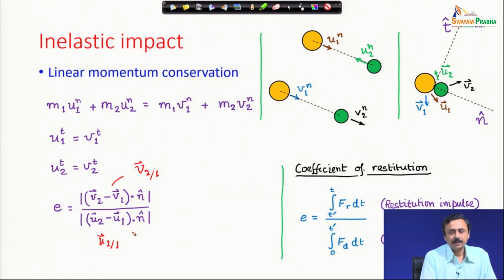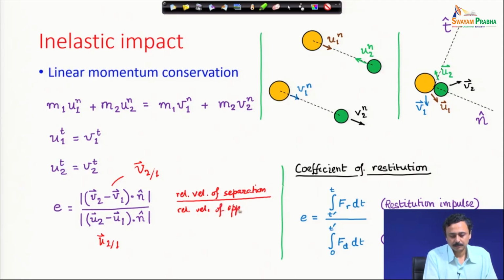This is nothing but the relative velocity of separation divided by the relative velocity of approach.